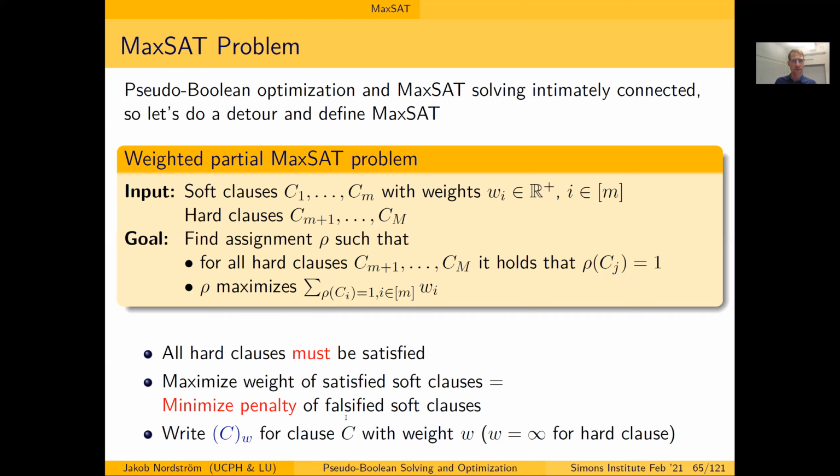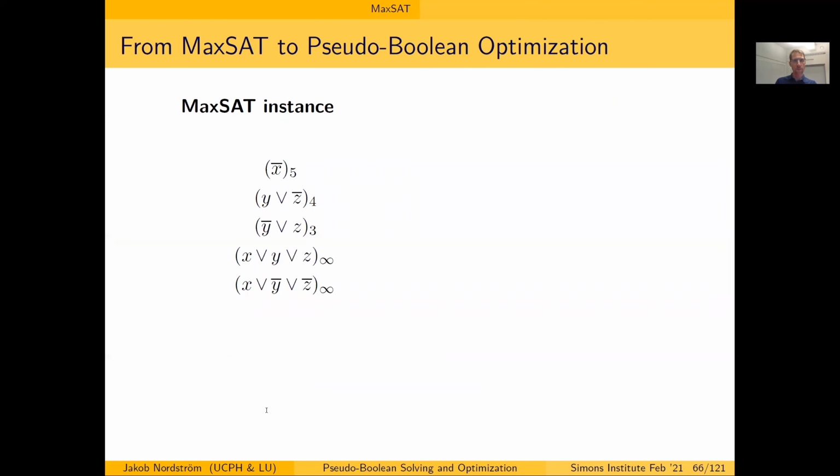And we can write C sub w for a soft clause C with weight w, and we can write a hard clause just as C sub infinity. And it's natural to think of a hard clause as a clause with infinite weight, because then obviously if we want to minimize the penalty, then we cannot afford to falsify a single such clause, because then our objective value is infinity. So here is an example max-sat instance.